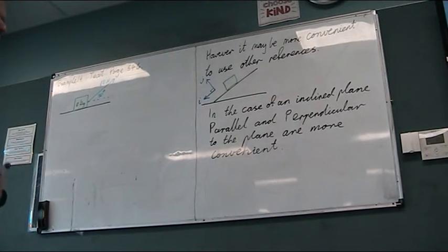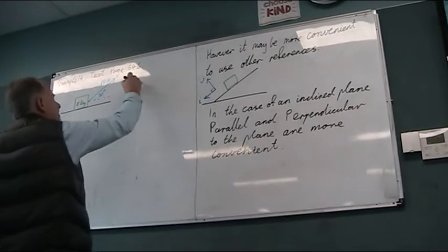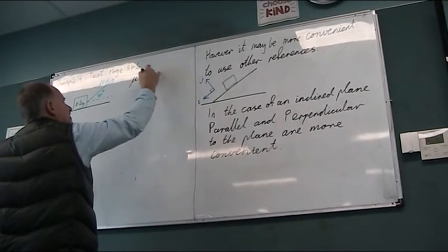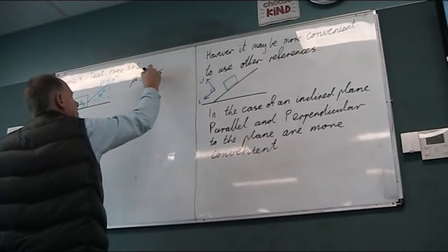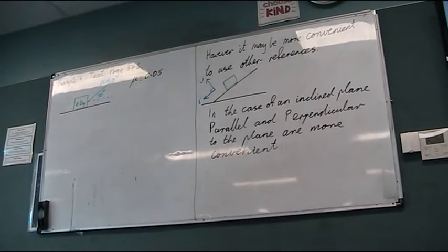The coefficient of friction between the block and the plane is 0.05. Find the acceleration of the block.